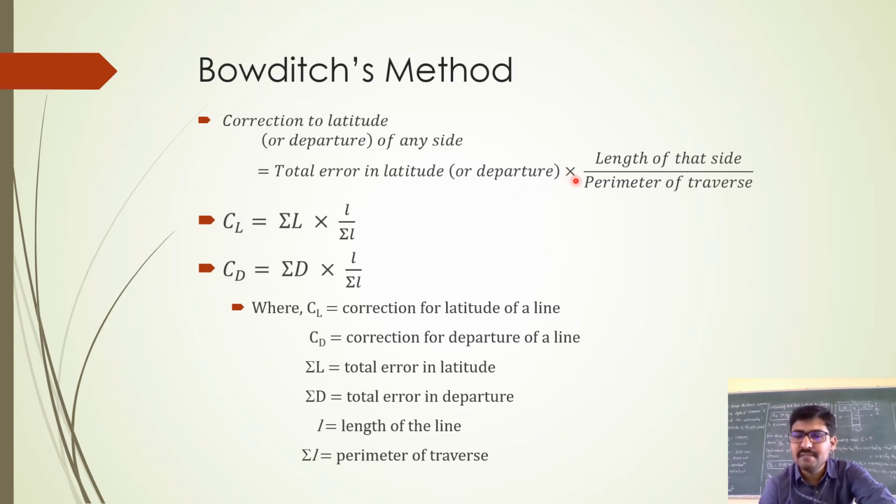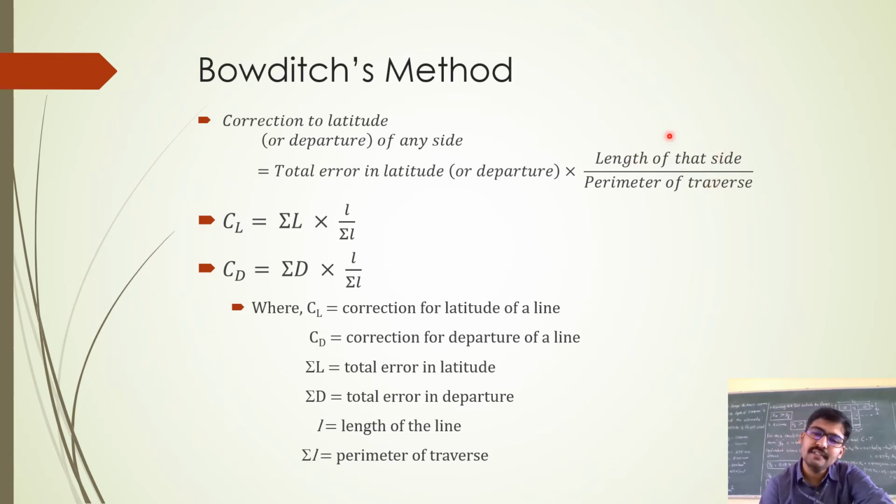And this is multiplied by the length of that side, that is, the length of that line divided by the perimeter of the traverse. Perimeter means the sum of all the lengths. You just go on adding the lengths of all the lines together. The total length is the perimeter of the traverse.